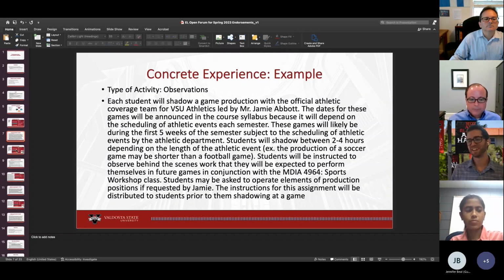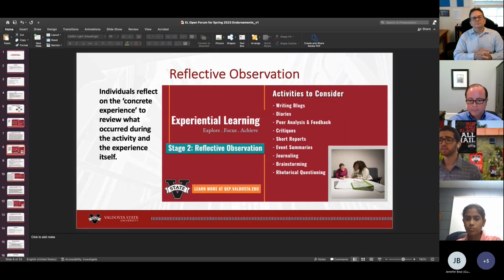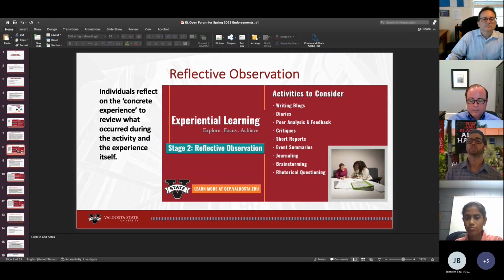So moving on from the concrete experience, we move into reflective observation, where the students actively reflect on that concrete experience and discuss or even write about what occurred. There are a lot of different ways this could happen: writing blogs, doing critiques, event summaries, journaling, rhetorical questioning.